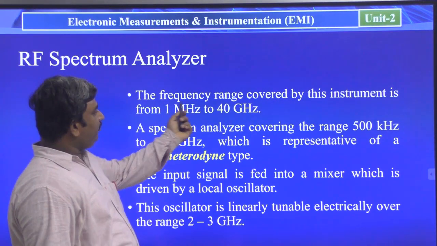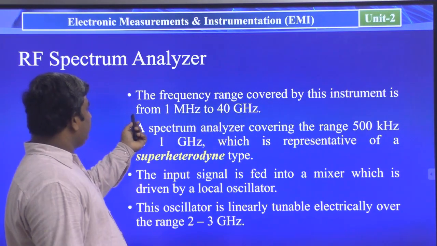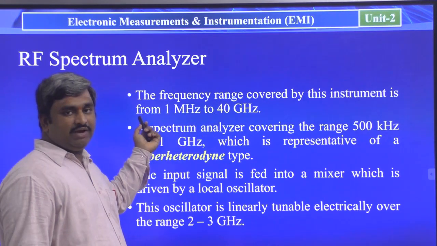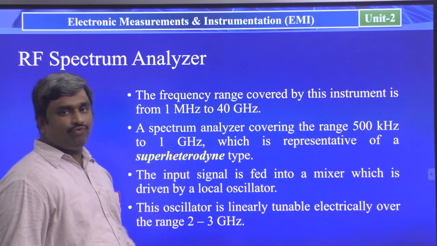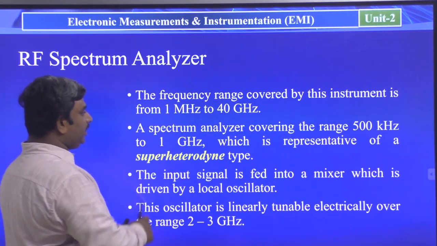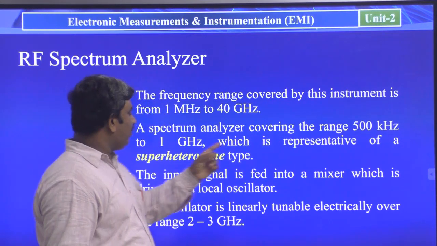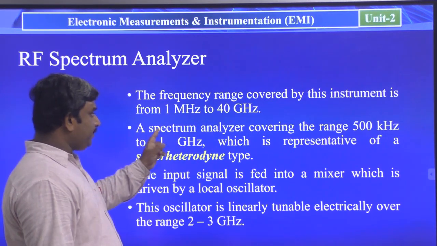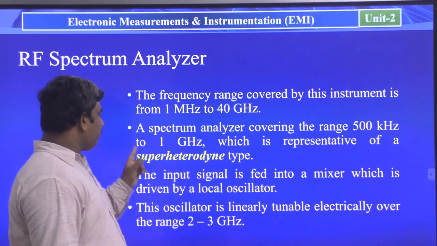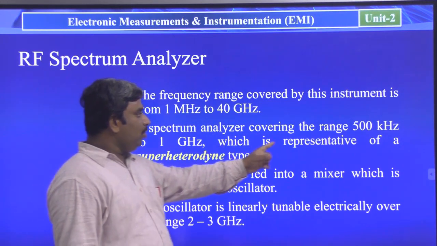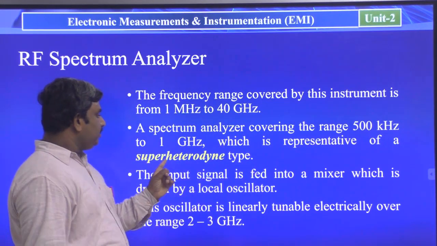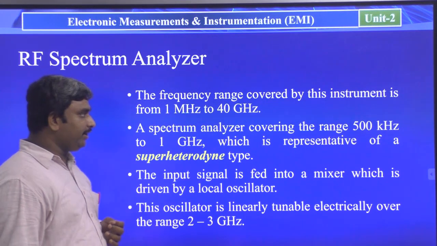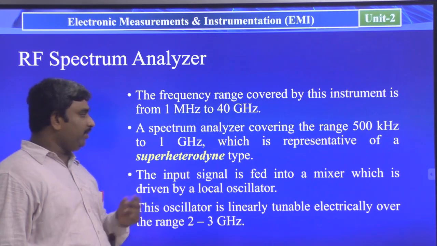The frequency range covered by this instrument is from 1 megahertz to 40 gigahertz. A spectrum analyzer covering the range from 500 kilohertz to 1 gigahertz is representative of a superheterodyne type, so it has a superheterodyne type receiver.